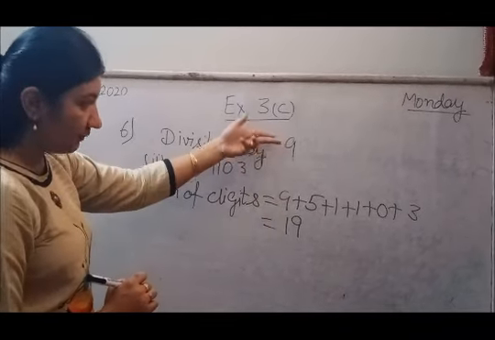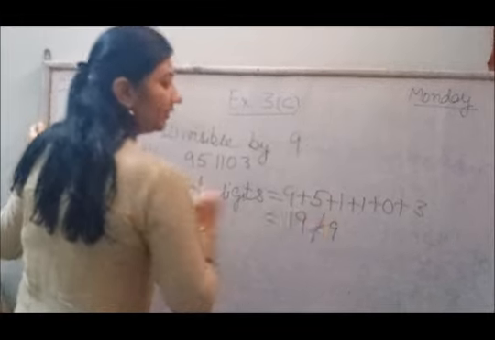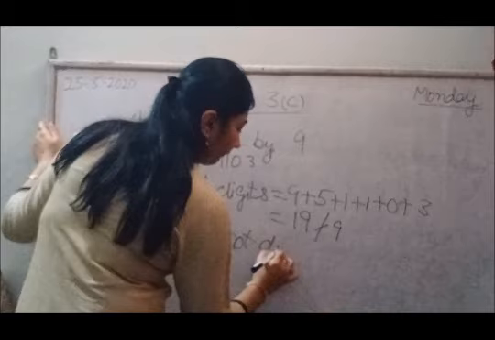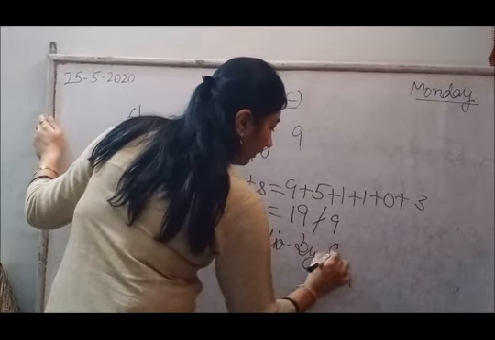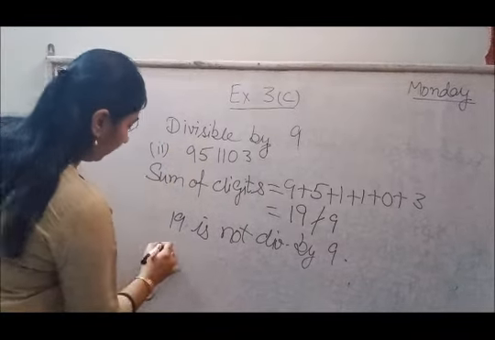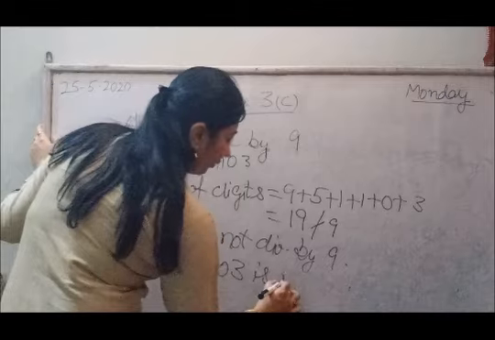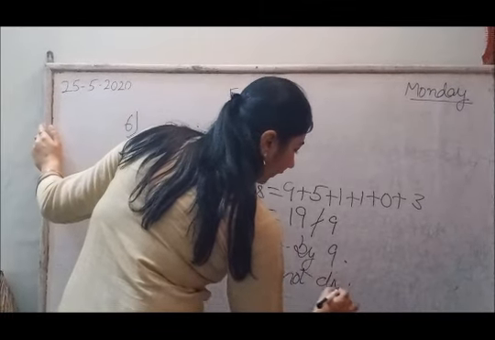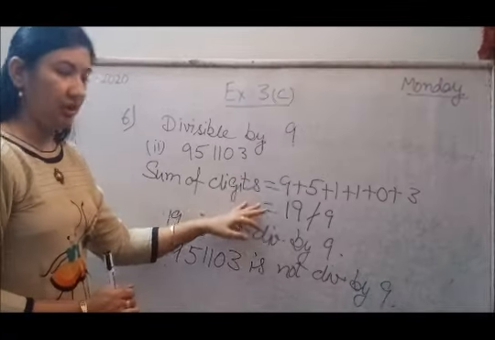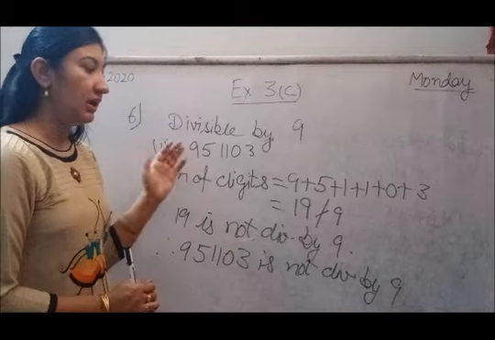Is 19 divisible by 9? No, 19 is not divisible by 9. If 19 is not divisible, then how can this number be? So this number will also not be divisible by 9. For divisibility by 9, you will check the sum of digits. If it is divisible by 9, then the number will also be divisible by 9. Otherwise, not.